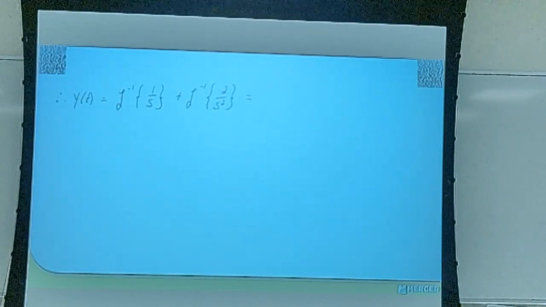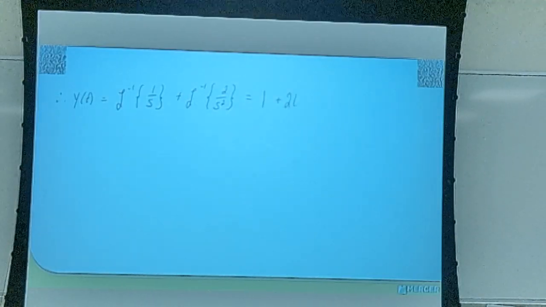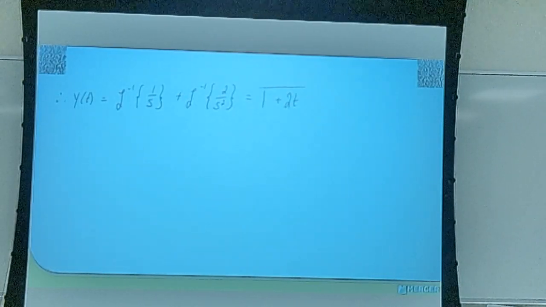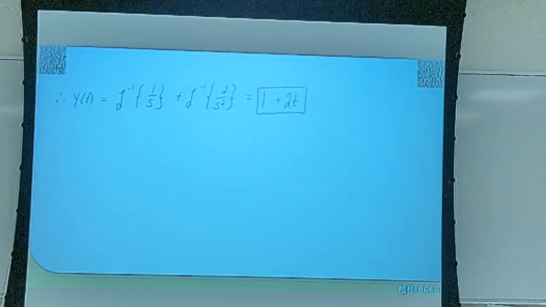What's the inverse transform of 1 over s? That one's easy. What's the inverse transform of 2 over s squared? It's 2t. There's your solution: 1 plus 2t.